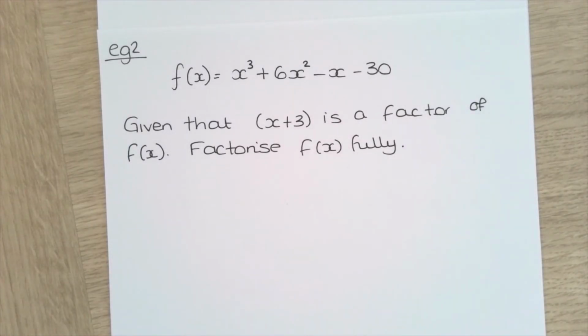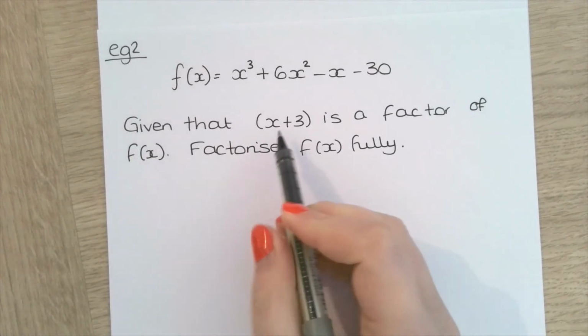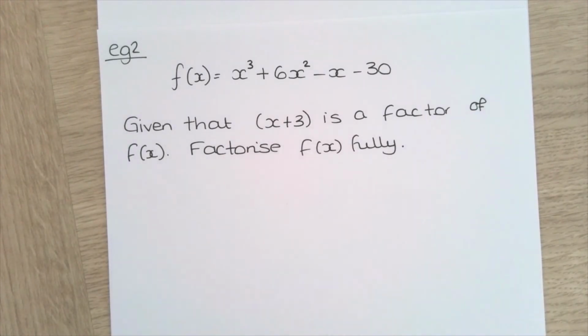So f of x equals x cubed plus 6x squared minus x minus 30. Given that x plus 3 is a factor of f of x, factorize f of x fully. Now, although it doesn't ask us, because it says given that x plus 3 is a factor, it's not saying show that it's a factor.